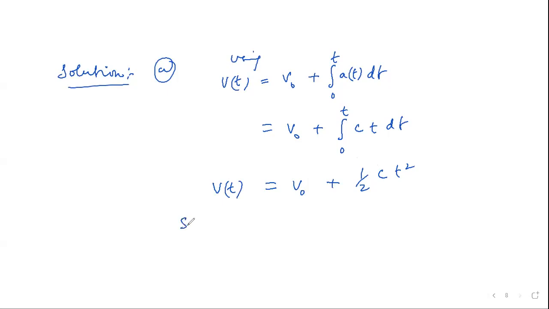Now setting v of t equals 0, because we have to find time which passes before the car comes to rest. So final velocity I set to 0 and solve for t at which car comes to rest. I name that t1.